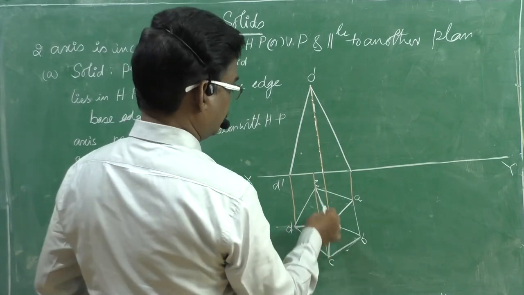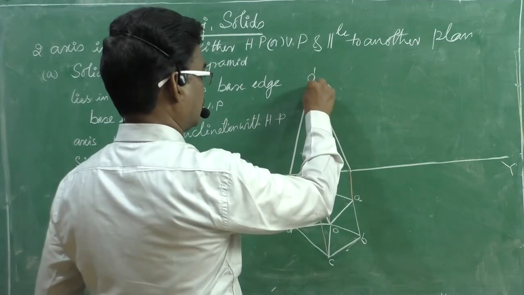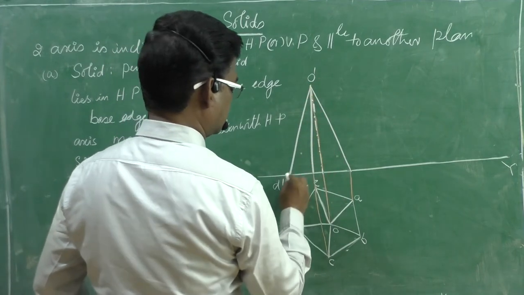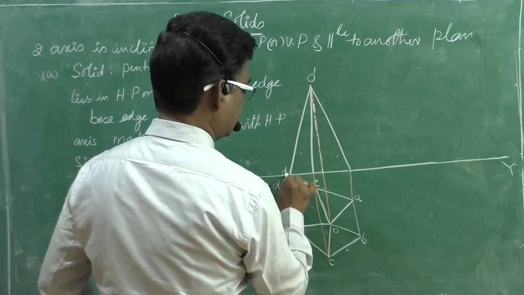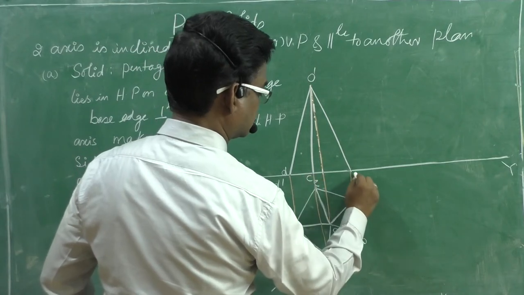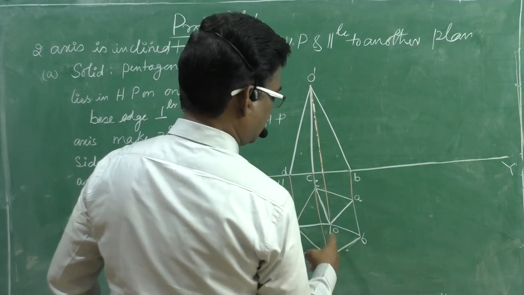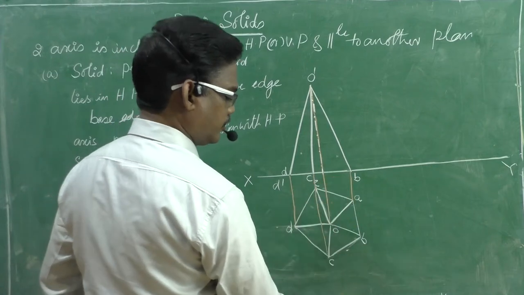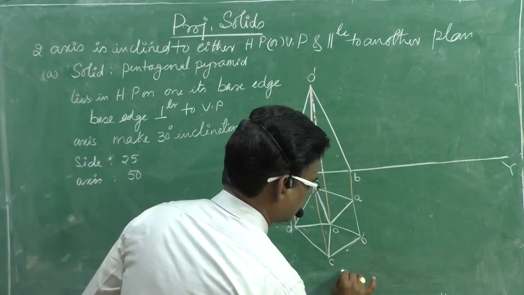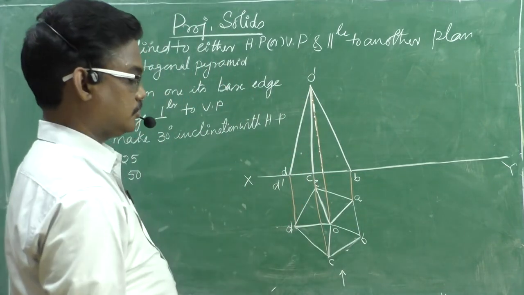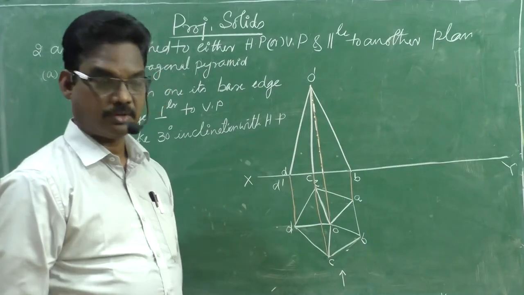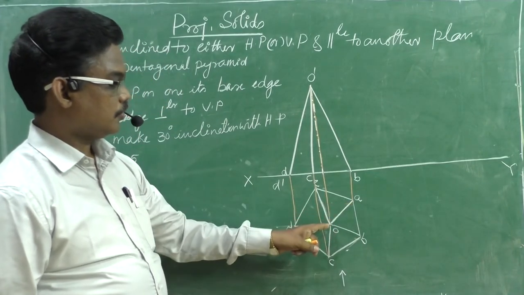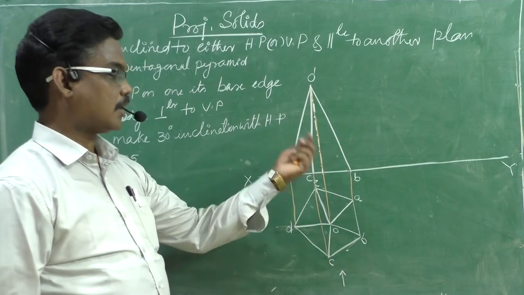Here this is OD. This is OC. This is OB. Okay, and what about OA? OA is invisible when we see in this direction, right? And over the invisible OA, OB is overlapped.